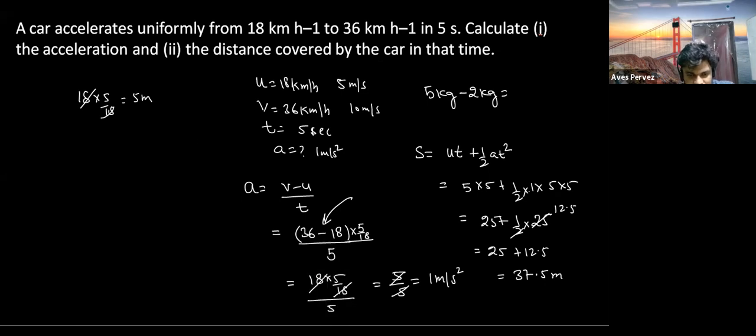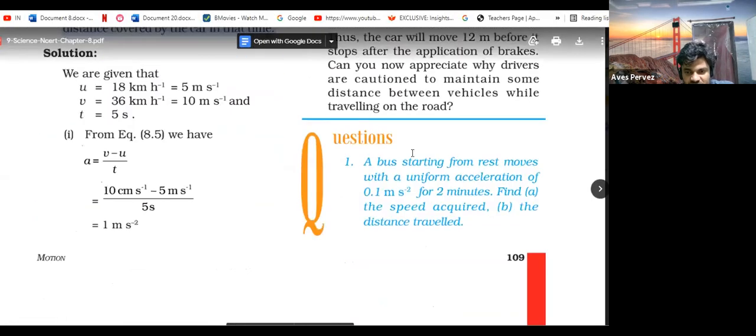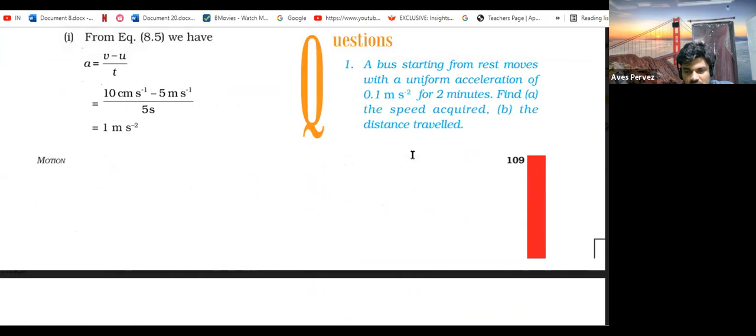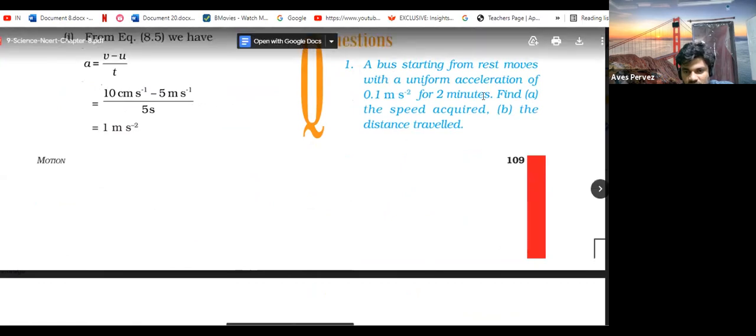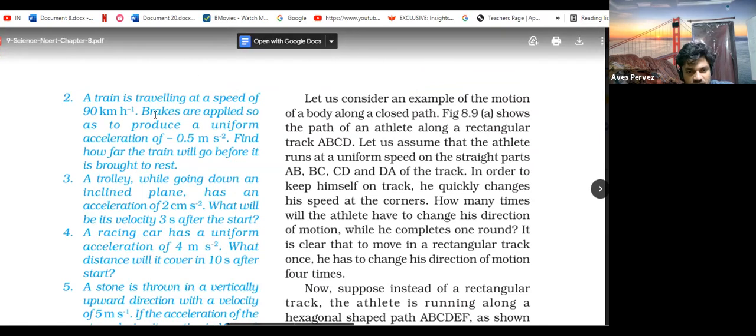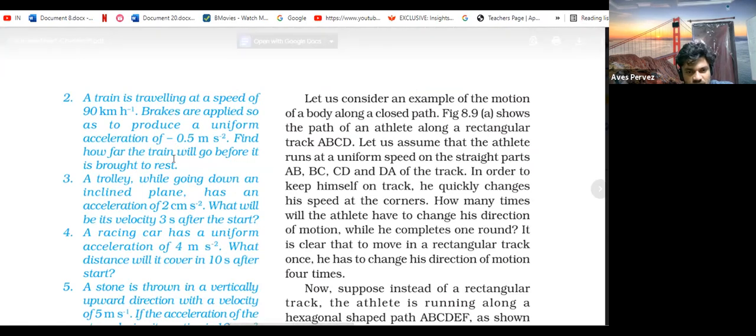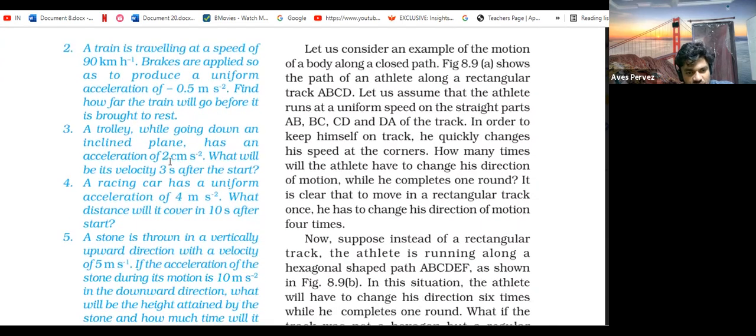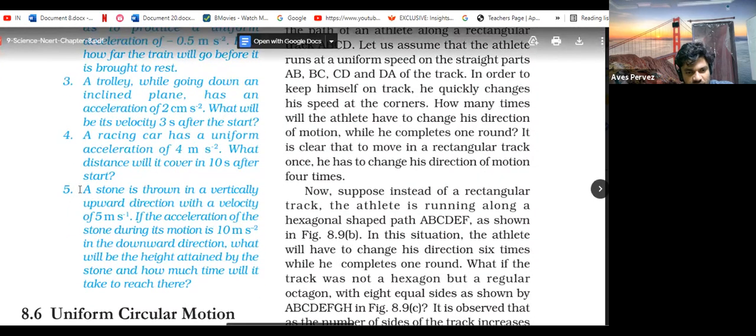Okay, let's move further towards the next question. Let's have some interesting question now. Find the speed acquired, and this is a direct formula. A train is traveling with a speed of 90 km. Brake is applied to produce acceleration of 0.5. How far will the train go before it stops?